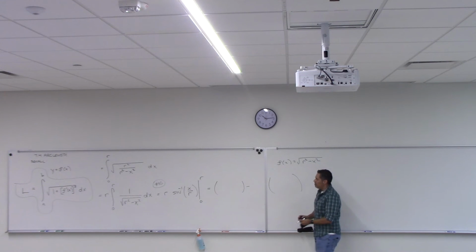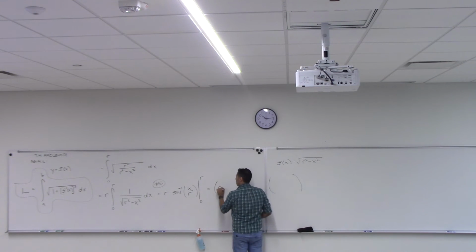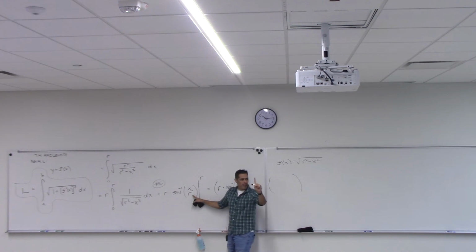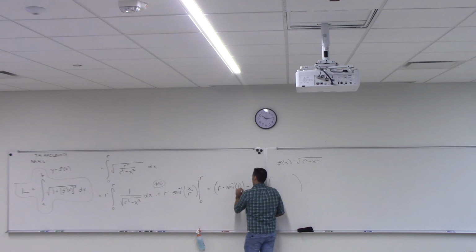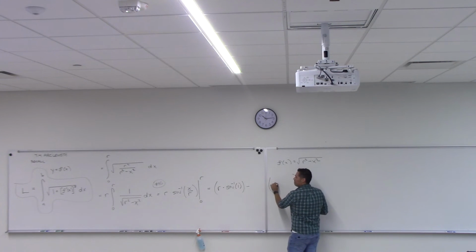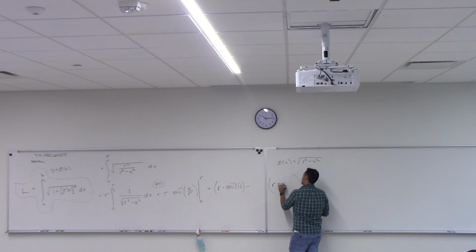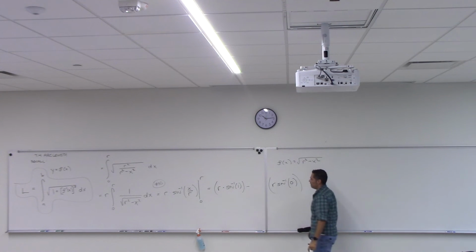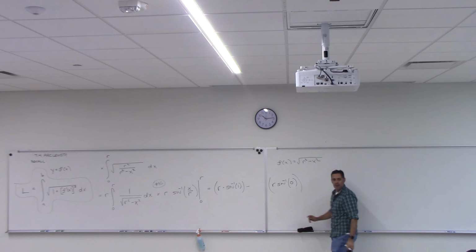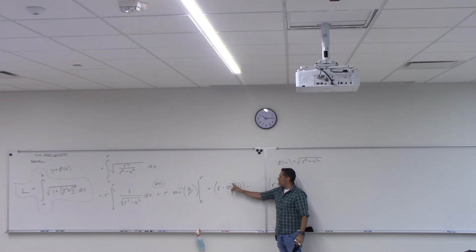All right, when we plug in r, we get r times sine inverse of r divided by r, which is 1. And then over here we get r sine inverse of 0 divided by r, which is 0. And now you're back in pre-cal, and you're saying, what is sine inverse of 1?